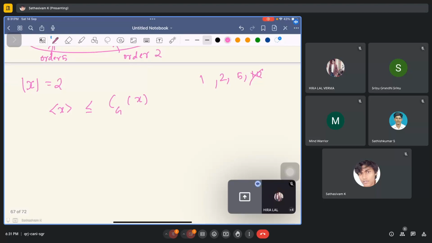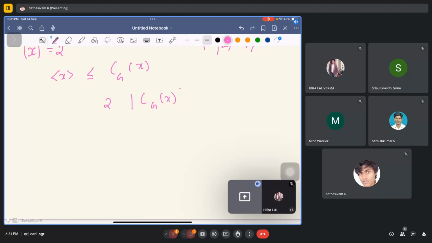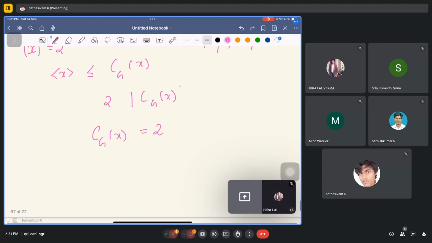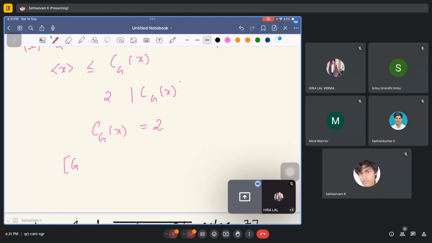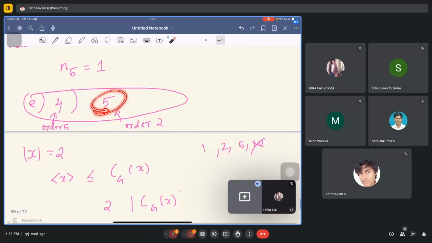The subgroup generated by x is contained in the centralizer, so 2 divides the cardinality of the centralizer of x. So there is only one possibility: the centralizer of x in G has order 2. So G by the centralizer of x has size 5, so these 5 elements form a single orbit.